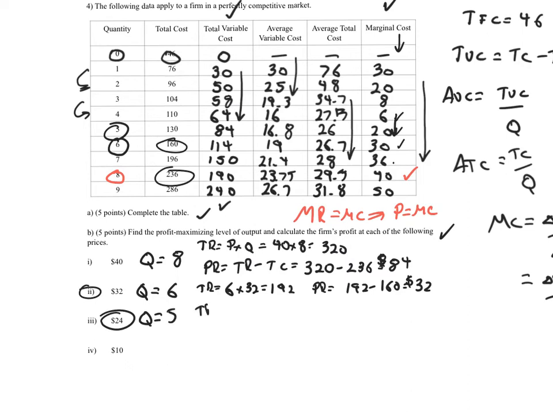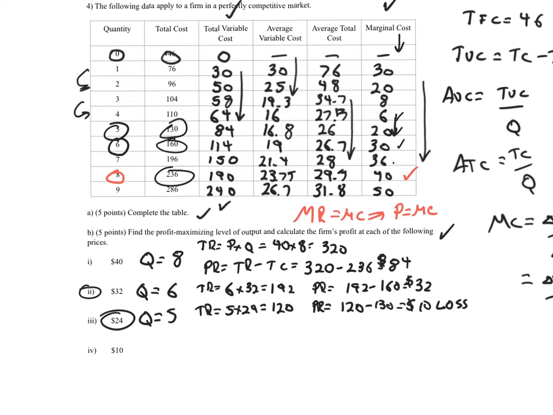The total revenue is 5 times 24, which equals 120. Our profits are total revenue 120 minus the total cost, which is 130. So we have a $10 loss.